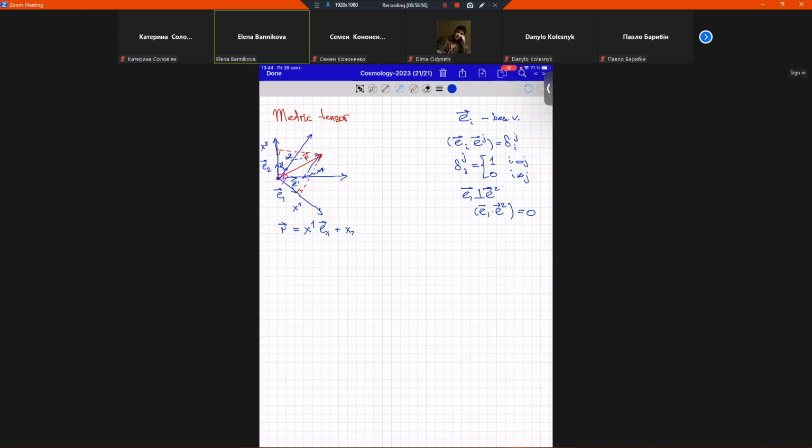plus x2 E2. But the same vector I can also represent as x1 E1 plus x2 E2, in the other kind of components: covariant and contravariant.